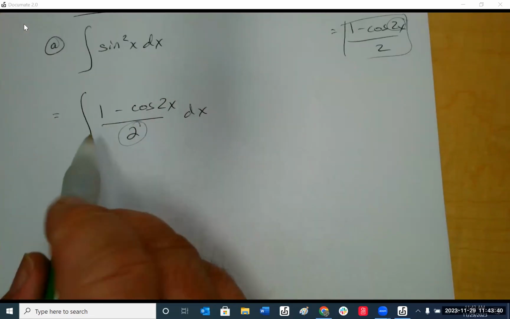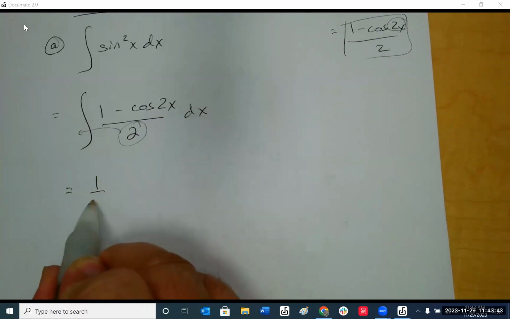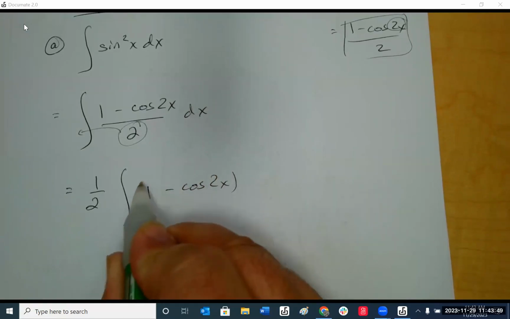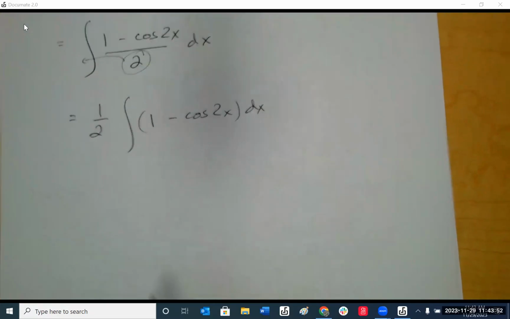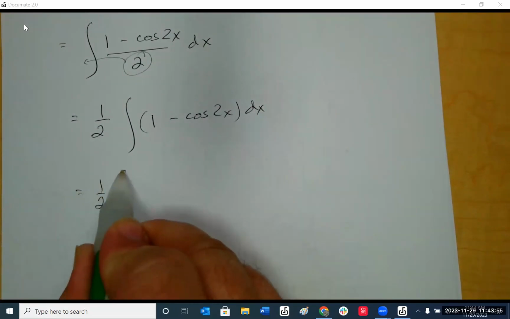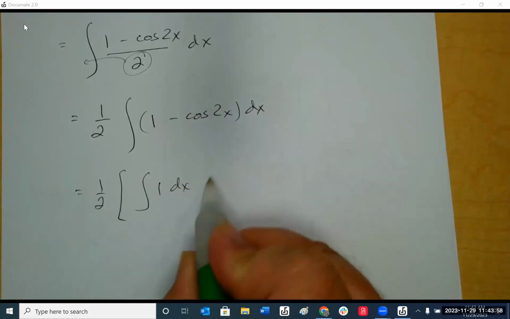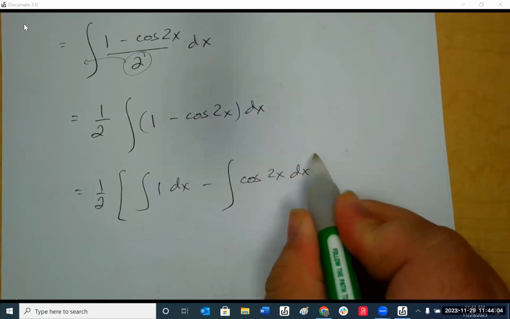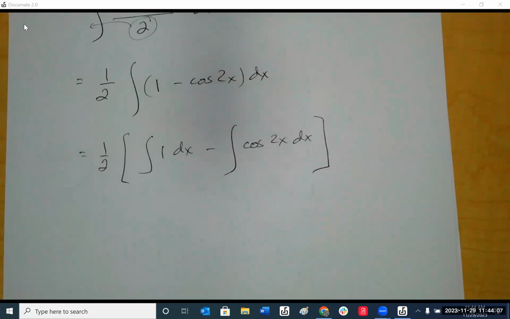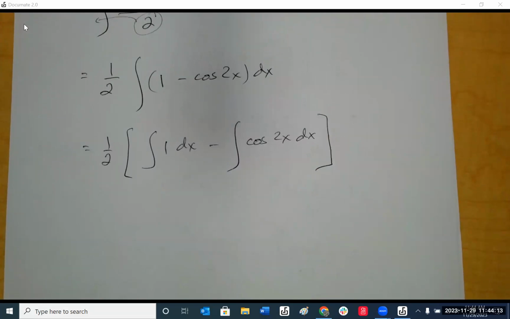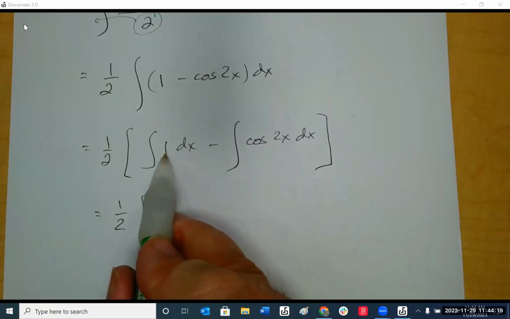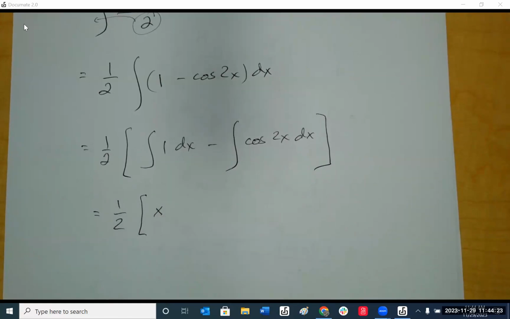This is a constant, so it can go out in front. We can split these up even. The integral of 1 dx is x.